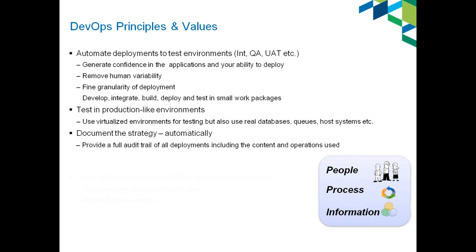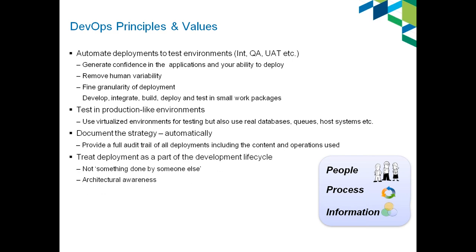Now, ultimately, you will have to do some testing against the real live systems at some point, but we can do an awful lot of testing effort in one of these virtualized environments early on, such that we don't have such a reliance on those costly systems that are hard to get hold of.